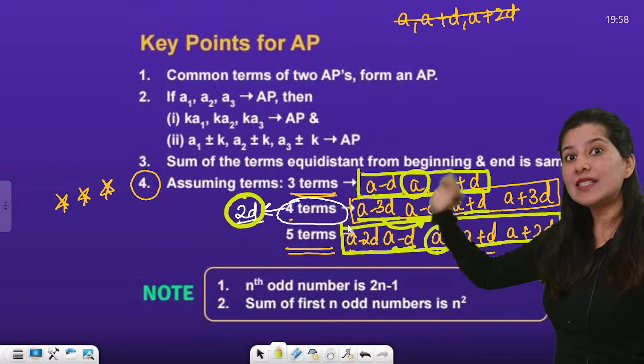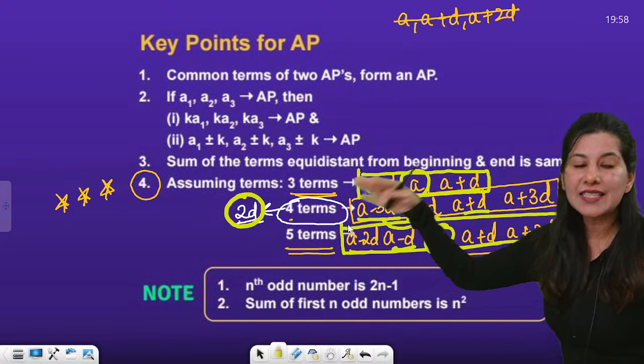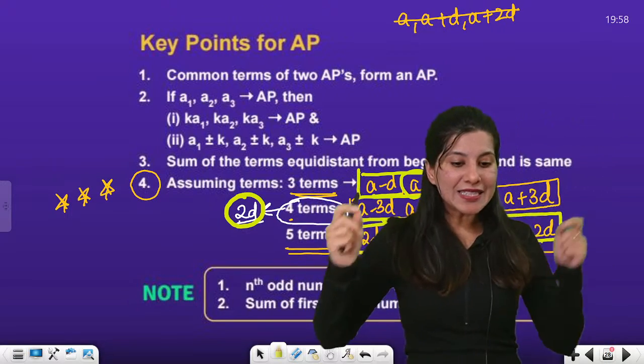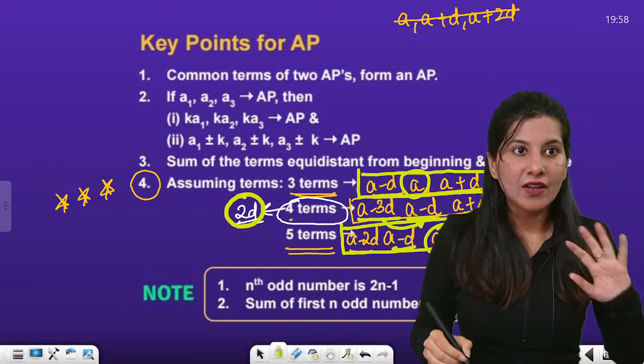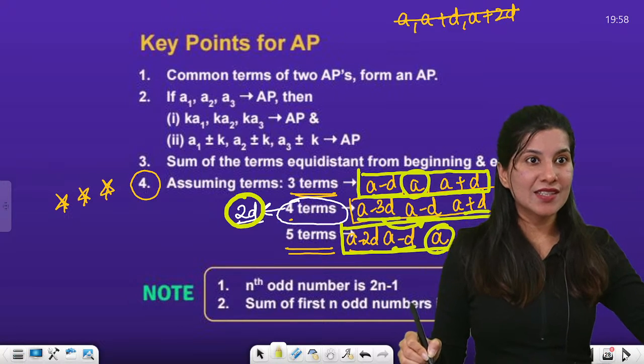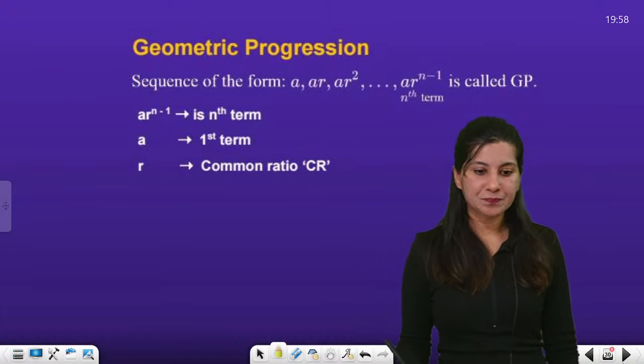And in 4 terms, same thing: minus 3d and plus 3d get cancelled, minus d and plus d get cancelled. That's why 4 terms will be slightly different. So 3 and 5 are similar because we are writing odd terms. 4 terms, 6 terms follow a different pattern.